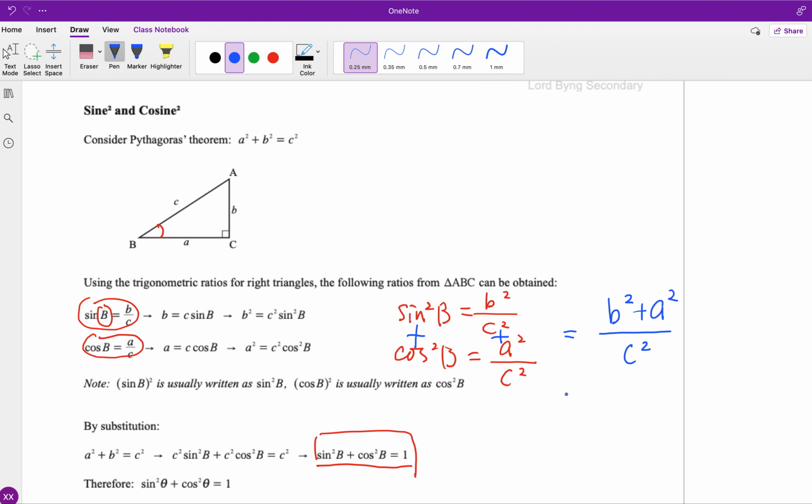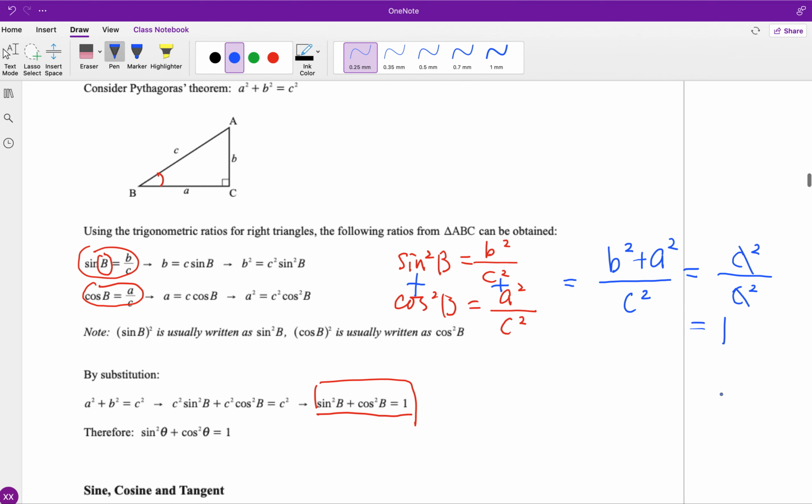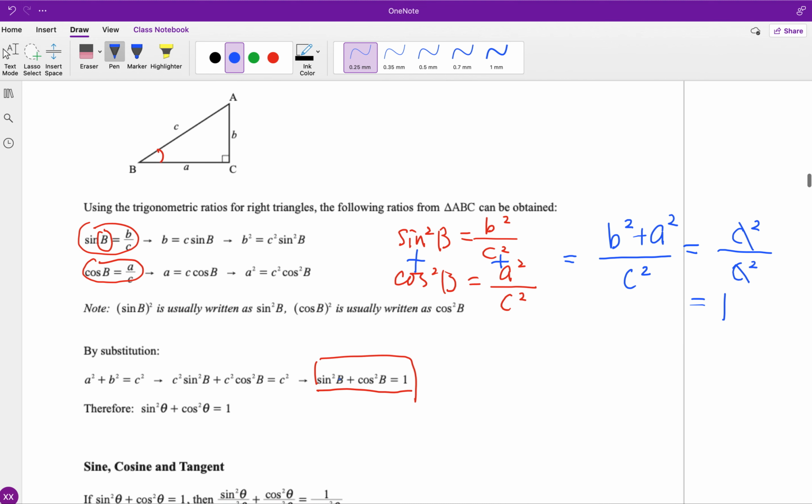Well, we go back to our beloved Pythagoras. So Pythagoras says, a square plus b square equals c square. So now c square over c square equals 1. This is how we prove that sine b squared plus cosine b squared equals 1.